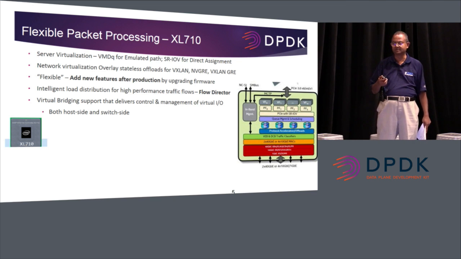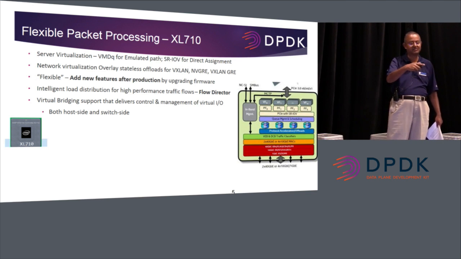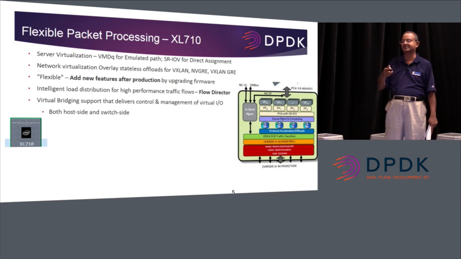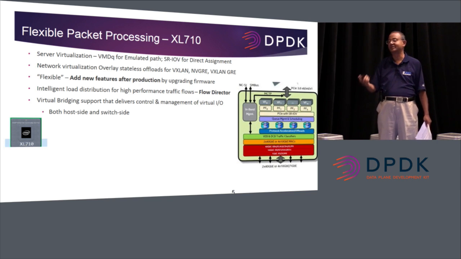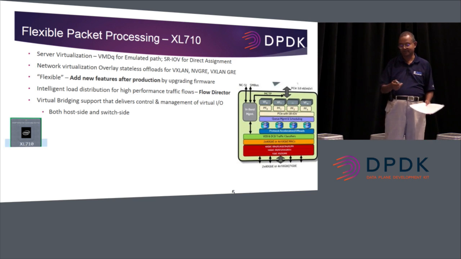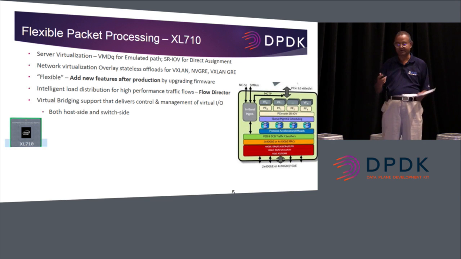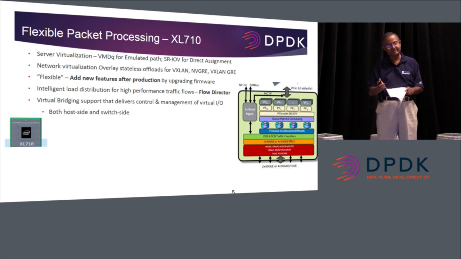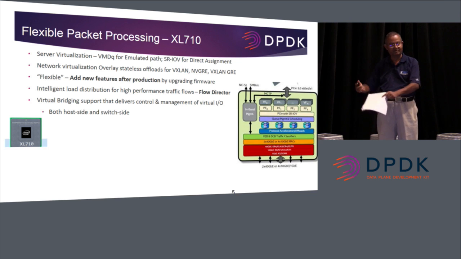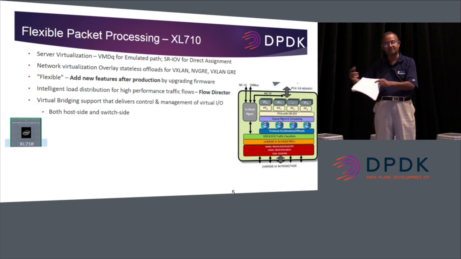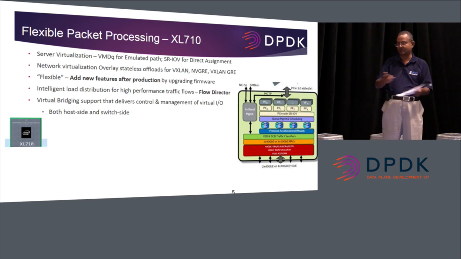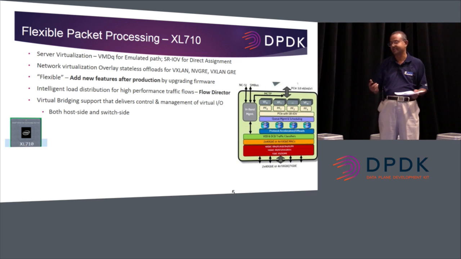Now, flexible. The reason why I asked what firmware version you have is to communicate the flexibility of the part. There are examples we can go over where even after the product was released, standards were evolving, and we were able to upgrade the firmware and cater to the requirement of the customer. That is very exciting in this time.